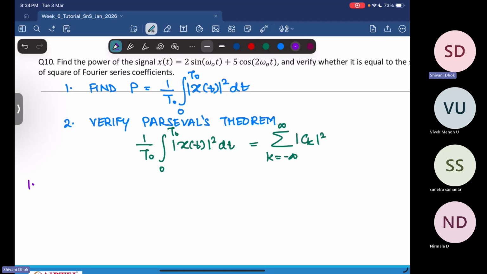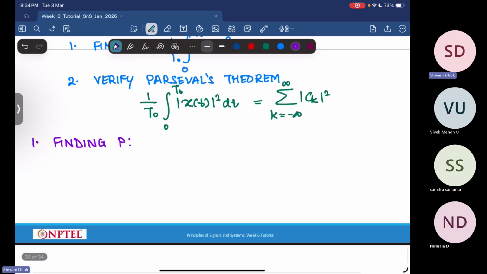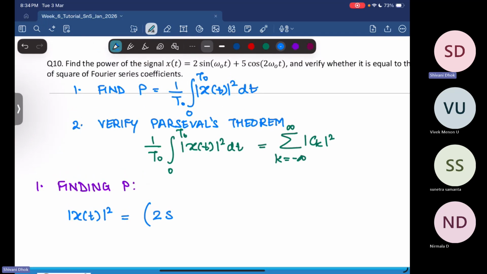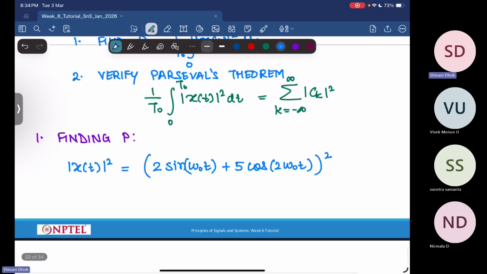So let's start with part 1, finding P. For finding P, we want to look at magnitude of x of t square. Your x of t is a real signal, so magnitude square is simply x of t square. Your x of t is essentially 2 times sine of omega naught t plus 5 cos of 2 omega naught t, whole square.